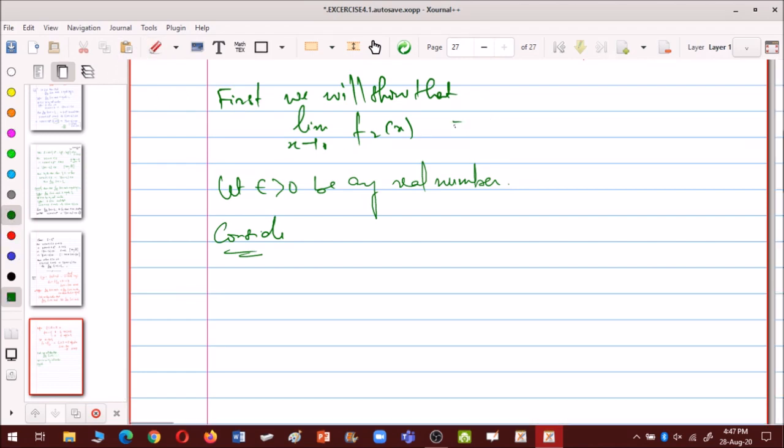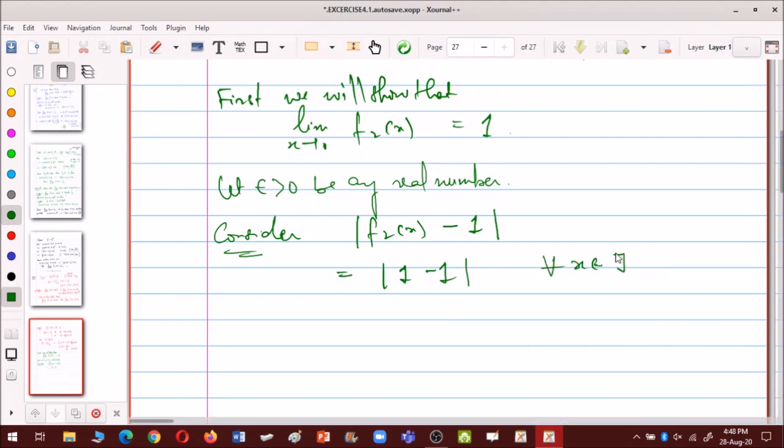So consider |f2(x) minus 1|. This is equal to 1 minus 1 for all x belonging to J, so this is equal to 0 for all x belonging to J.